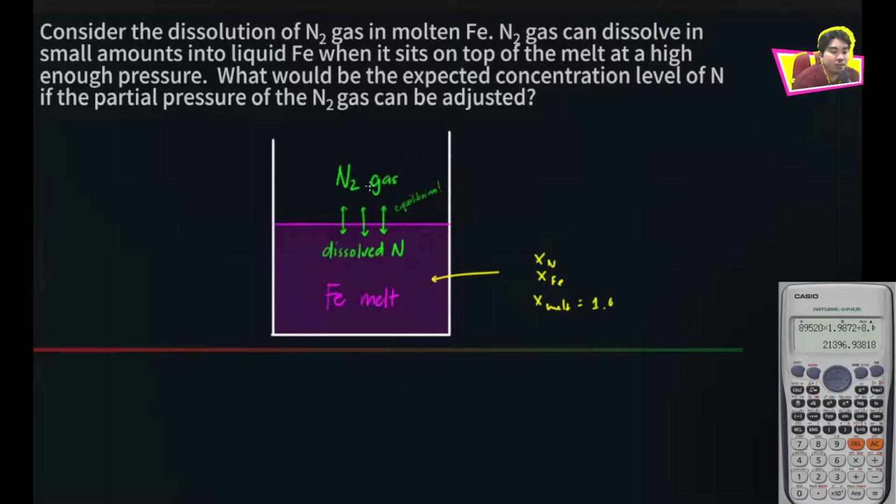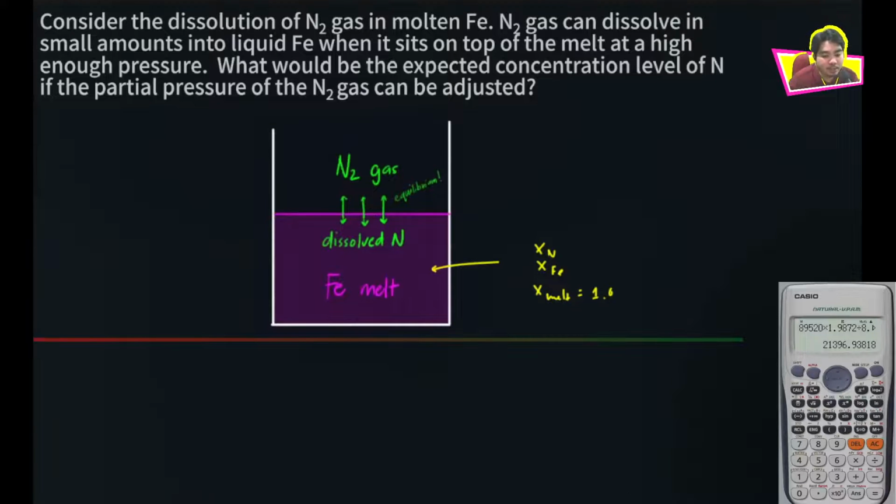So when you are in equilibrium, same sa example natin kanina of the slag, we are saying that the amount of gas that is dissolving into the melt and is being released into the gas is equal. So the rate that it is dissolving equals the rate that it is being released into the gas sitting atop of it. Okay?